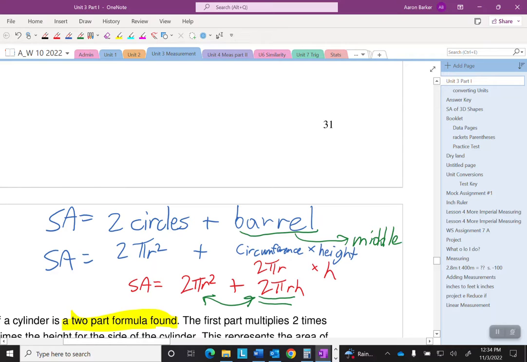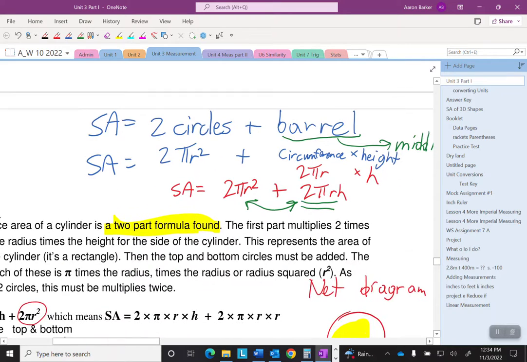So let's start using this formula then. How does this all work? Formula, substitute, solve. Formula, substitute, solve. Good. You guys are starting to see.